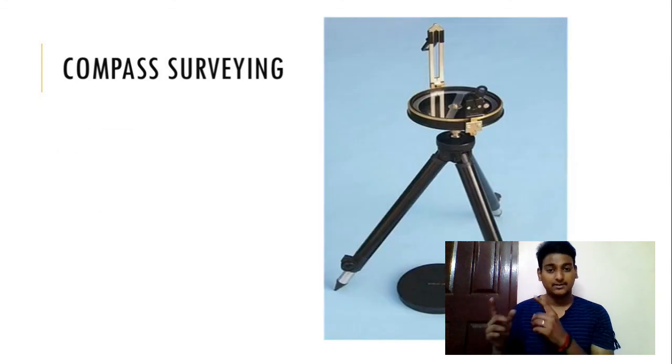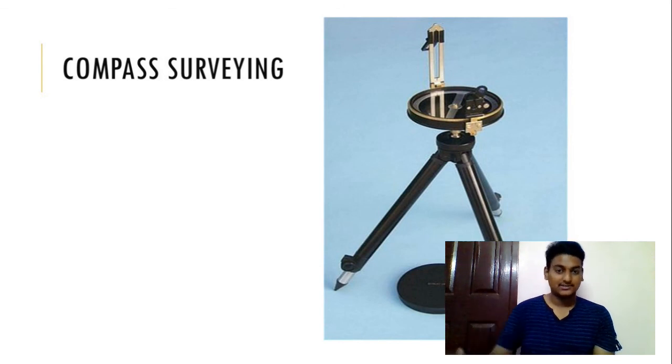And this is how the prismatic compass looks like. The legs can be adjusted so that the compass is leveled, and on the top is the lens, and it is viewed through the lens so it can be aligned with the station in front of the instrument.